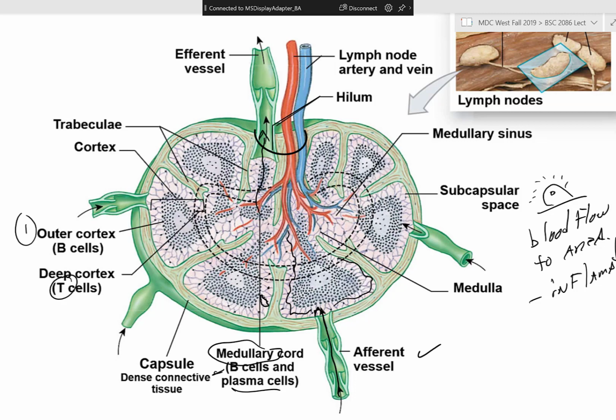As you expose the B cells to these antigens, the B cells will bind to it. What is the one that you want? IgM, right? If it's a bacterial antigen, you want IgM. Or if it's viral, then most likely it will be a T cell, hopefully a T helper.